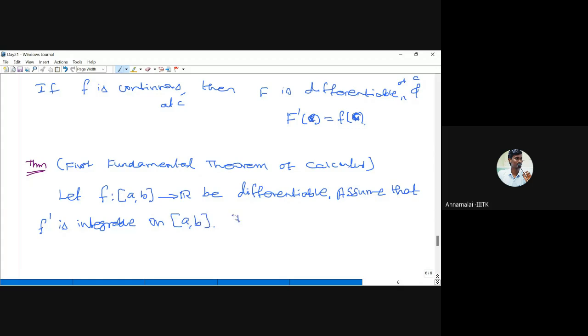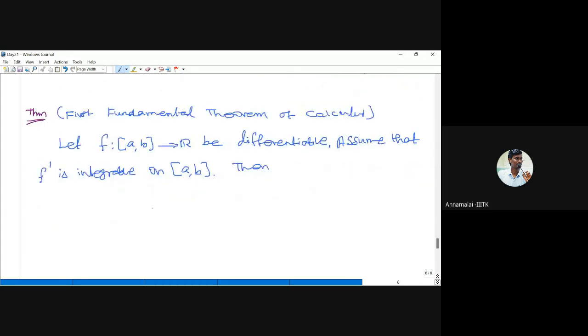Then the integral of f dash of x dx from a to b is nothing but, since integration and derivative cancel, upper limit minus lower limit: f of b minus f of a.